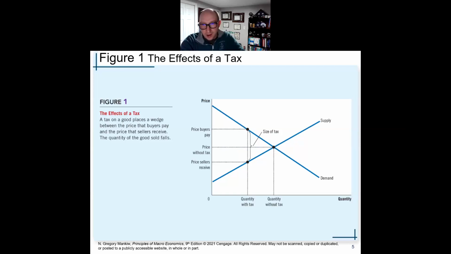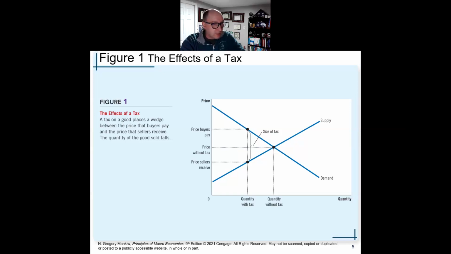And as the price is higher, we see of course, the demand is going to be a little less, right? And we also see that represented by the area in between this size of the tax. We know that both the seller and the buyer pay taxes on that good and service.